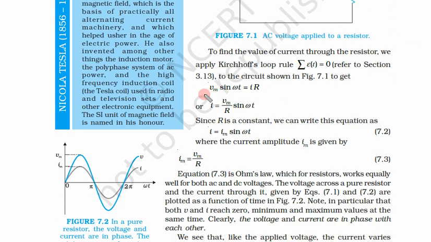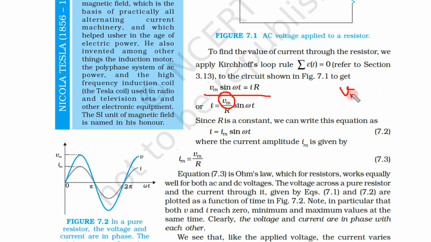Since resistance is constant, resistance is not changing with this sinusoidal wave, we can get the value of I equal to Vm upon R sin omega t. Again see, this Vm is constant; it is changing only because of the sine wave.